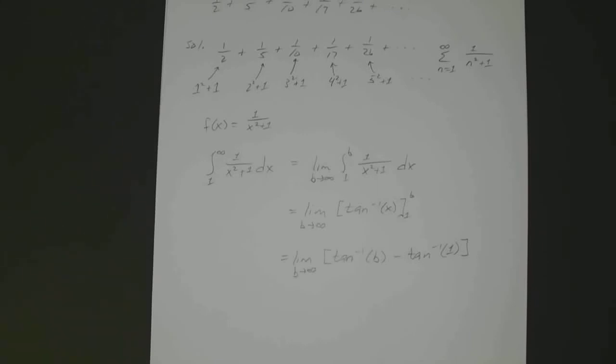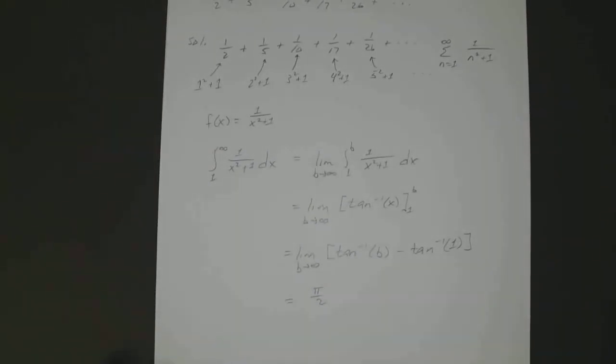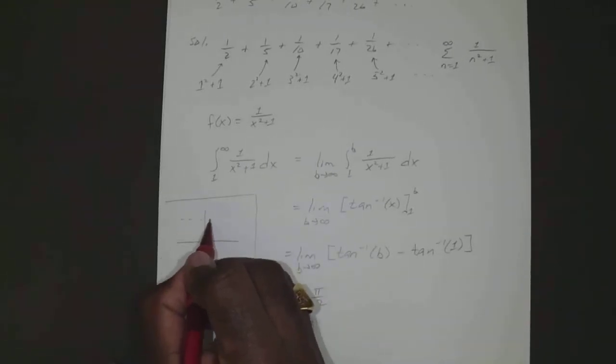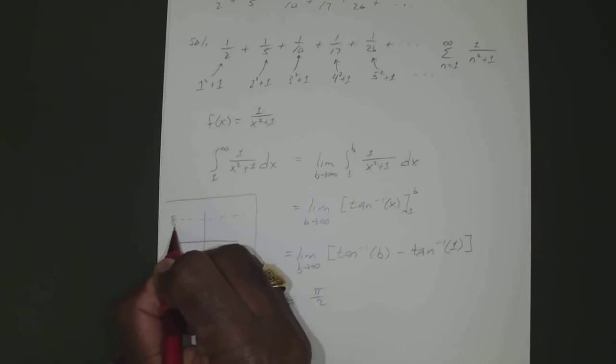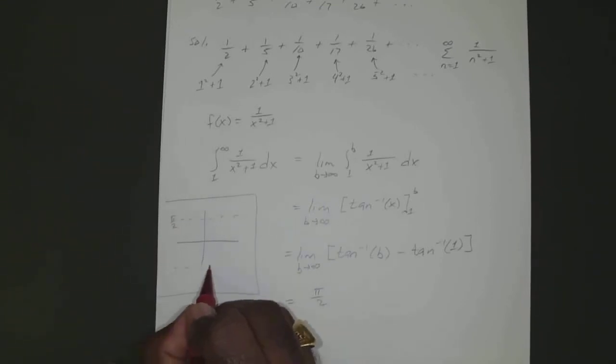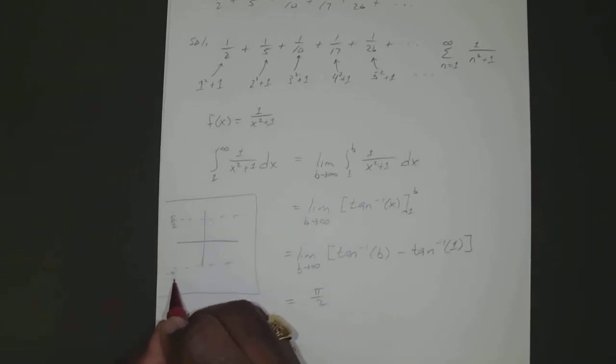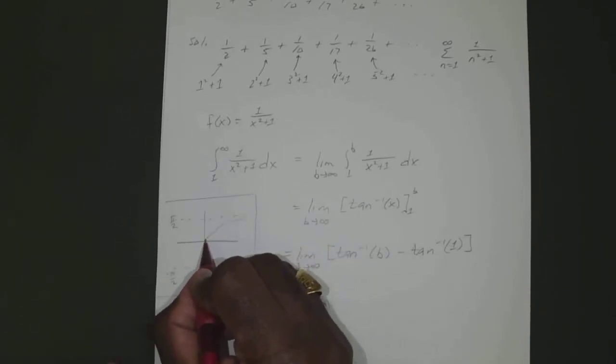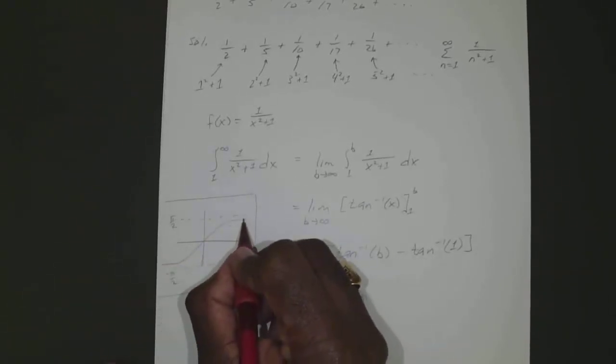Okay. As b approaches infinity, tangent inverse gets closer and closer to pi over 2, especially if you consider the graph of tangent inverse, which goes to negative pi over 2 in the other direction.